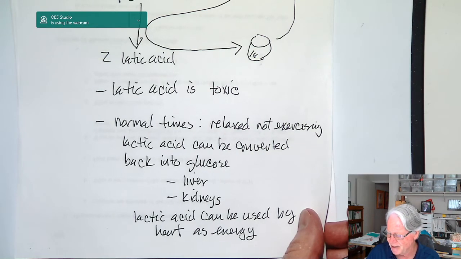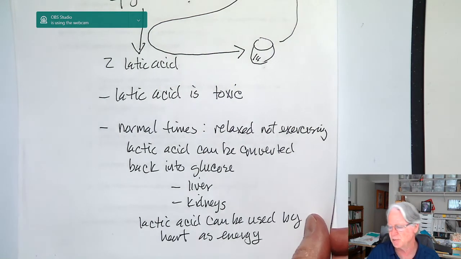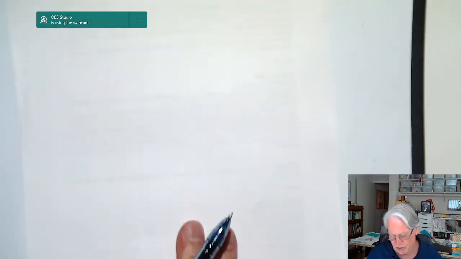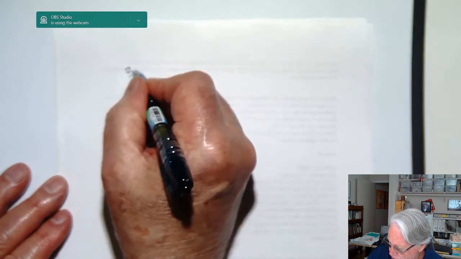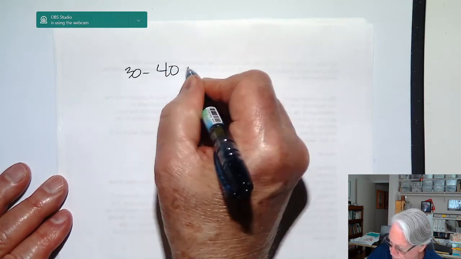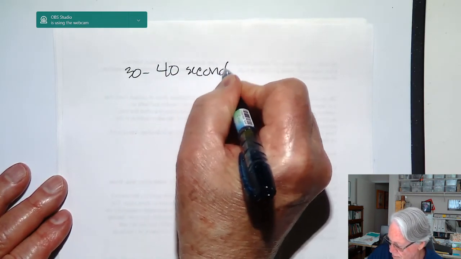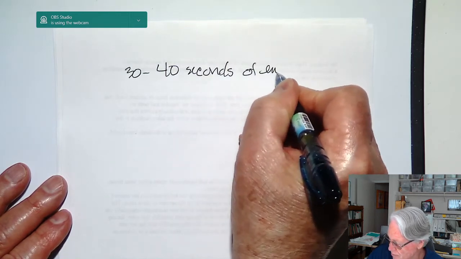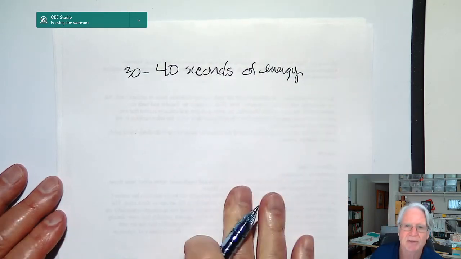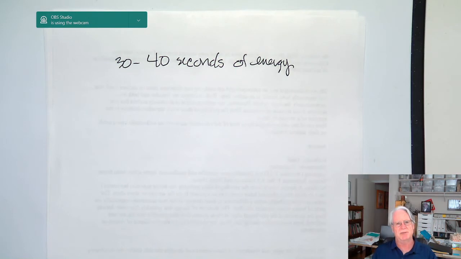How much can you get out of this system? So we got 15 seconds approximately in the first system. And in this system, we're going to get around 30 to 40 seconds of energy. And at that point, things are starting to go a little bit south for us because the levels of lactic acid are building up to the point where it is not healthy for us.